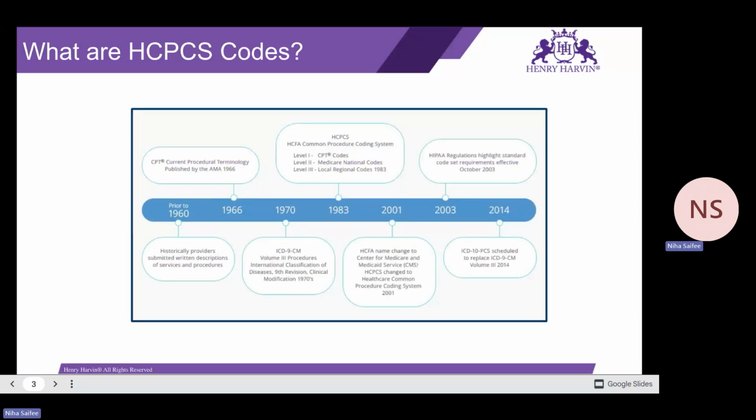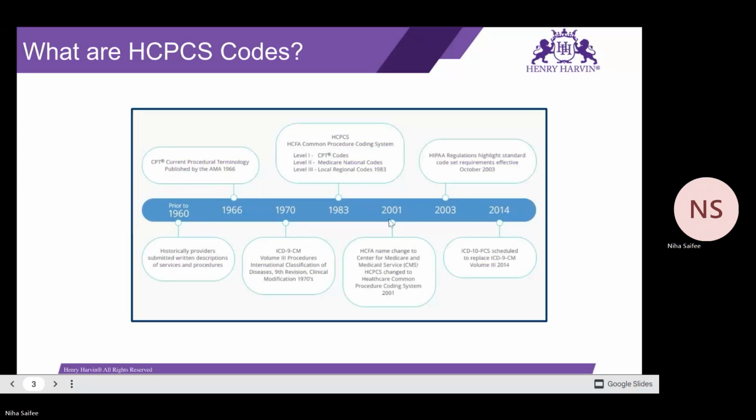Okay. And now we have CMS, right? Centers for Medicare and Medicaid Services. The CMS was earlier known as HCFA. So HCFA formed the Common Procedure Coding System. And in that, there were three levels. Level 1 was the CPT code. Level 2 were your national codes. And level 3 were local and regional codes.